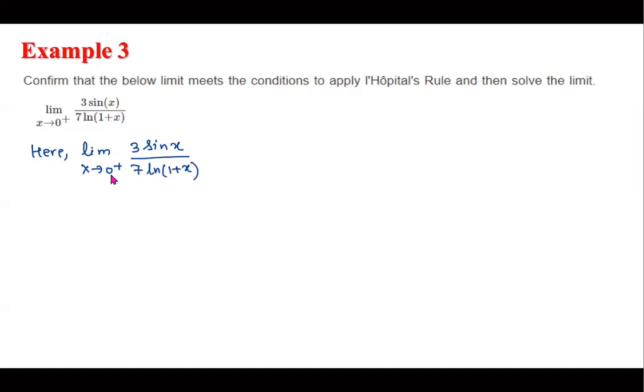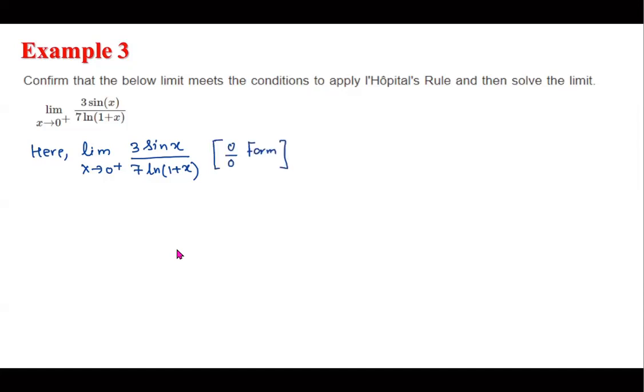When x approaches 0, the numerator will be 3 times sine 0, that is 0. And the denominator will be, as x goes to 0, natural log of 1, which is 0, times 7, that is also 0. So we get 0 over 0 form.